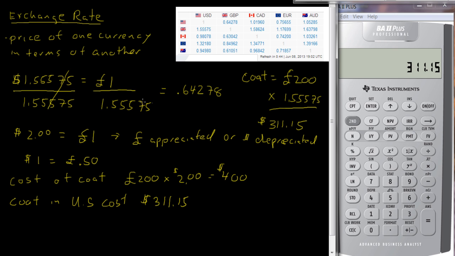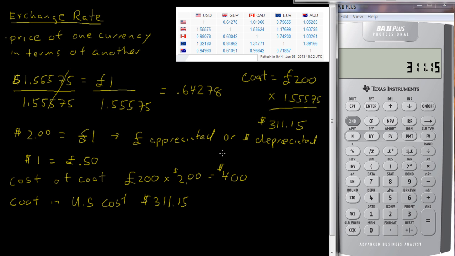At this exchange rate, they cost the same, so a U.S. resident might be indifferent between buying the two. But now, if I want that British coat from London, it costs $400. The U.S. coat only costs $311.15. So we're going to import fewer goods from Great Britain, and we're going to buy more of our own domestic goods.